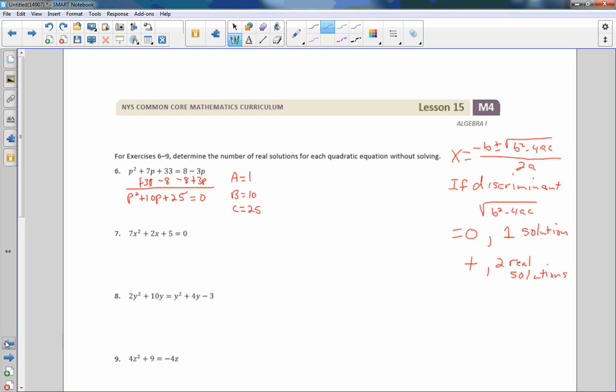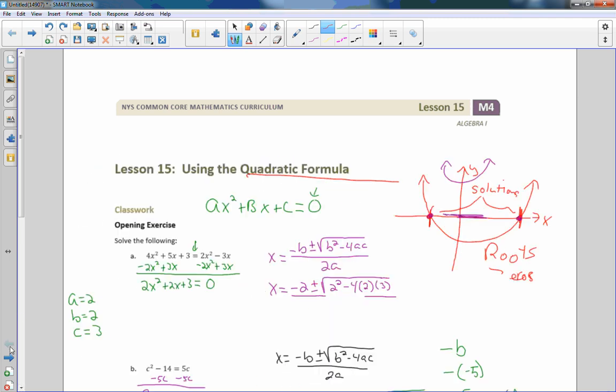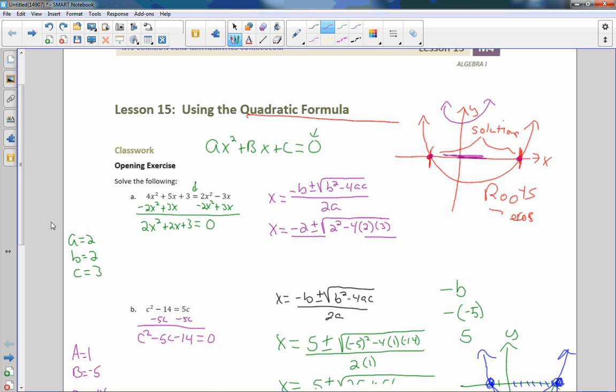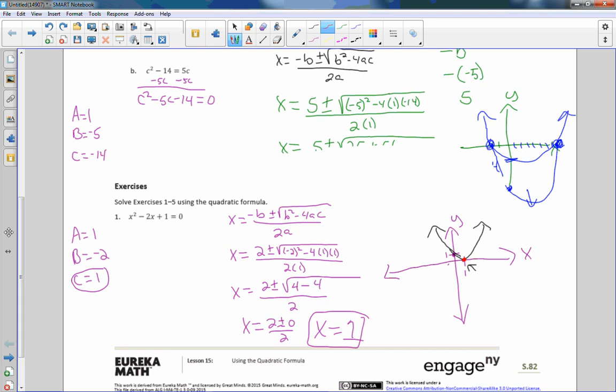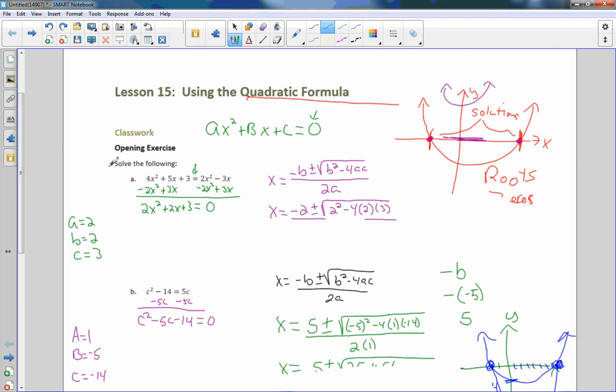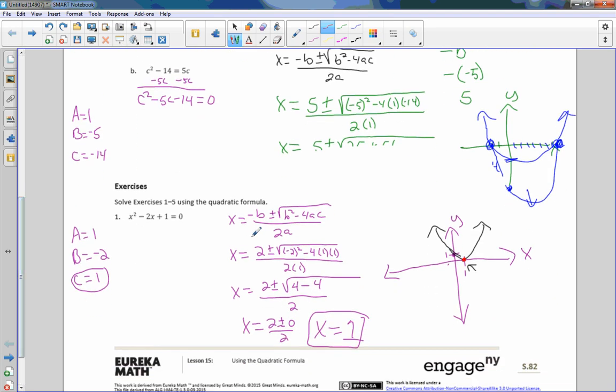Okay, and let me go back and show you an example where I graphed it right here. When I did this problem here, let me find a better one that I didn't erase. Of course, I erased as I went. Okay. Well, look at here. This was 4 minus, that's going to be negative. That was negative. Where was my discriminant? Positive. Right here, we got an answer of 2, negative 2, and 7.